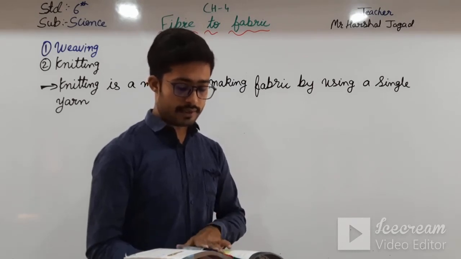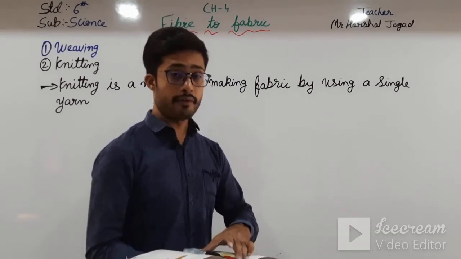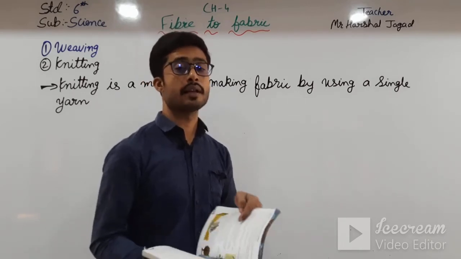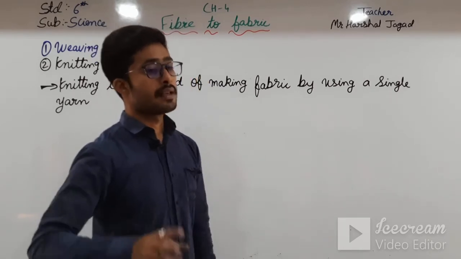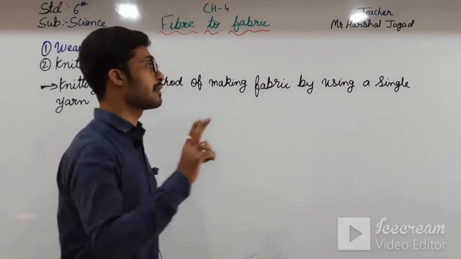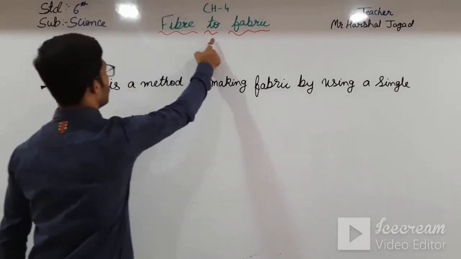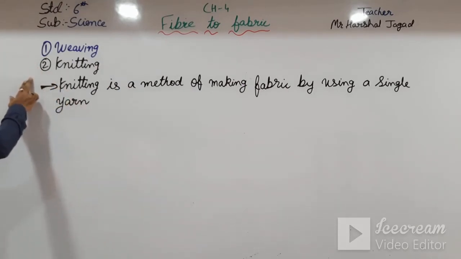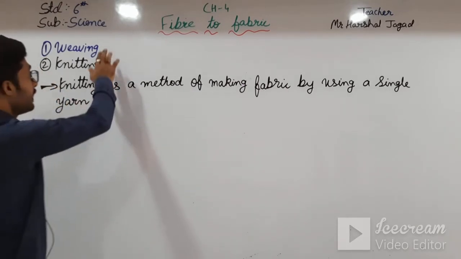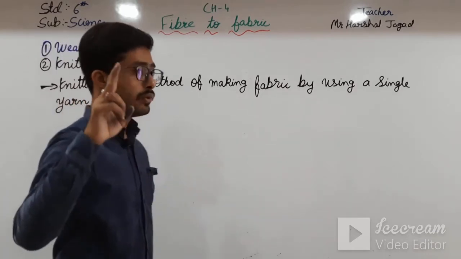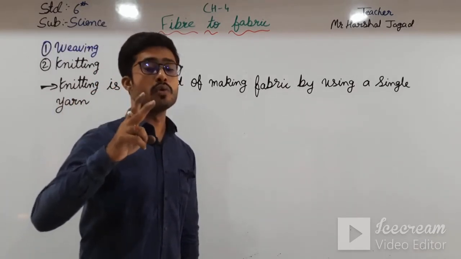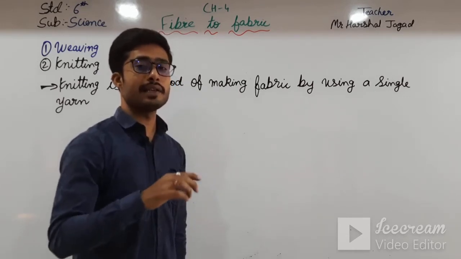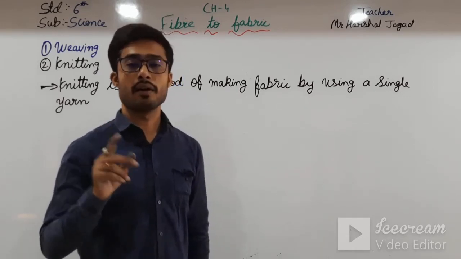But before that, just revise the weaving and the knitting process. Okay, students, let us revise that. What are the main two processes of fiber to fabric? The weaving process and the knitting process. In the weaving process, two threads or two yarns combine with each other and make the cloth.